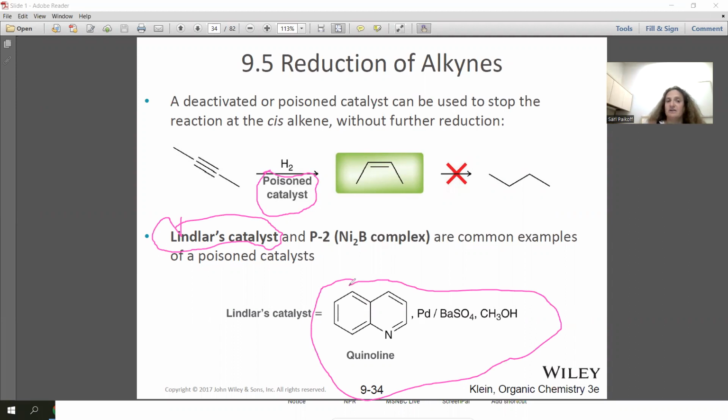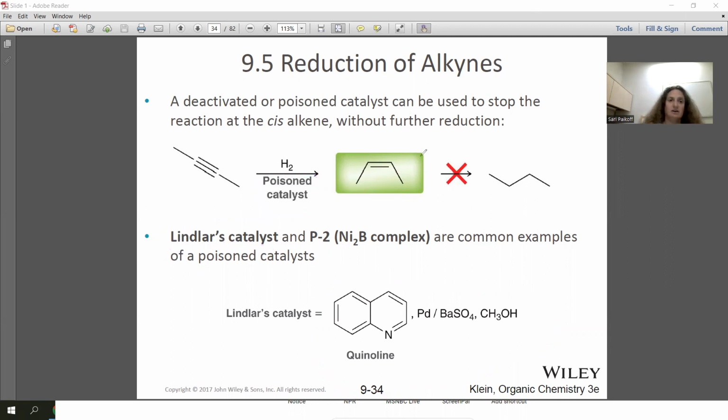It stops the hydrogen from adding a second time to the substrate. So you reduce to the alkene, then you're done. The catalyst quenches itself. And because it adds the same way the normal hydrogenation does, it's going to add syn, and you're going to have a cis alkene.